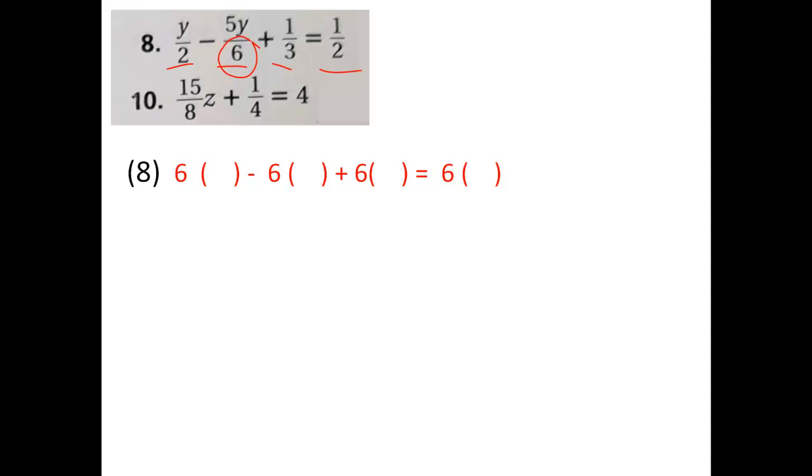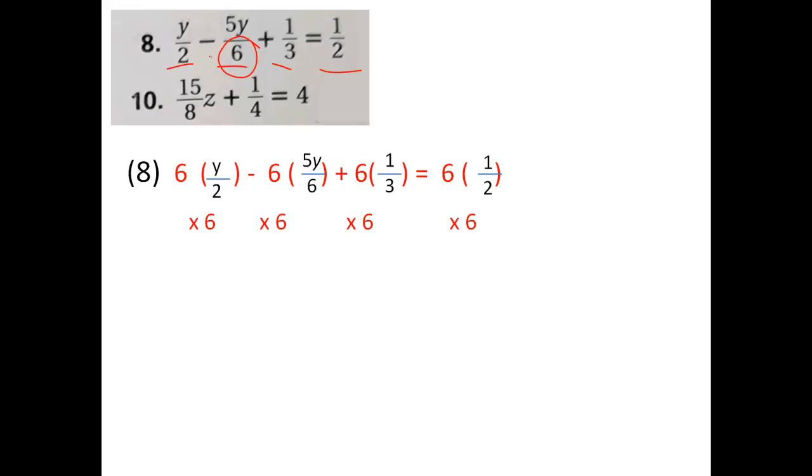So here, first, 6 multiplies y over 2, and 6 multiplies 5y over 6, and 6 multiplies 1 over 3, and 6 multiplies 1 over 2. So I multiply all the sides by 6. Let's simplify each one.